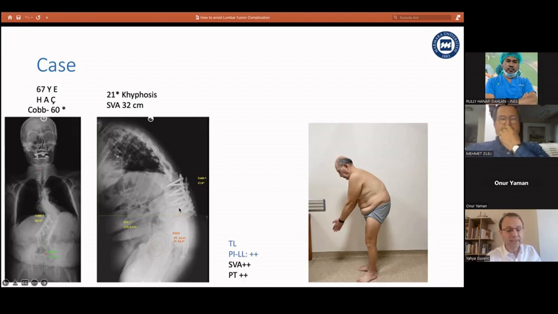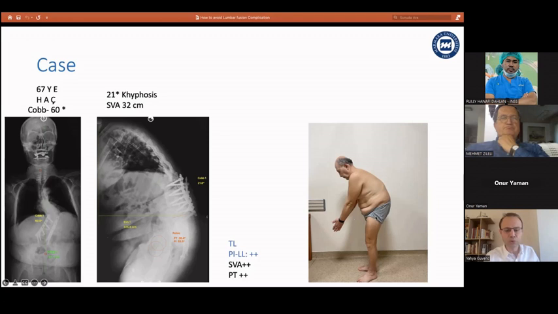The second thing is the level is in the thoracolumbar junction, and so in this patient we see pull-out in here at T12, and there is a high cervical vertical axis, 32 centimeters. There is a kyphotic posture and he can't walk.